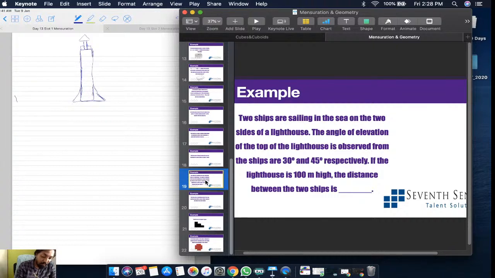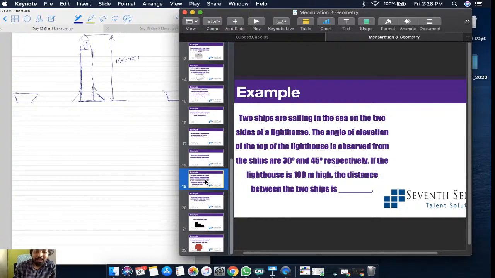And there's a ship on both sides. Ship or boat or vessel, whatever you want to call it. Now the lighthouse is 100 meters tall, 100 meters high.